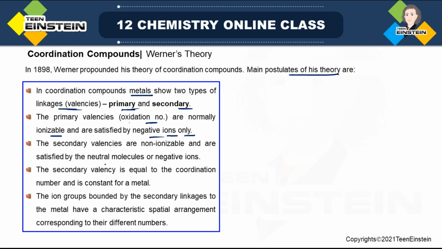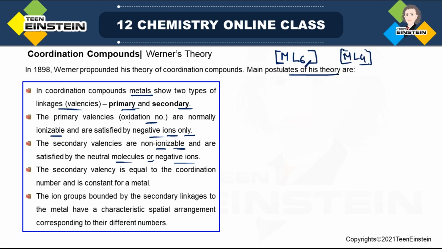And what about secondary valency? Secondary valencies are non-ionizable and are satisfied by neutral molecules or negative ions. Now, the non-ionizable part, which one? Remember, the moiety that is present inside the third bracket is actually the non-ionizable. And here the metal is associated with a different number of ligands. It may be ML6, it may be ML4.